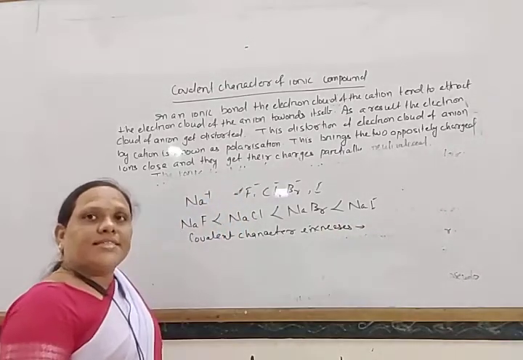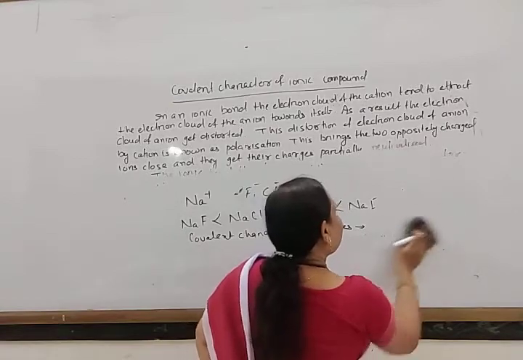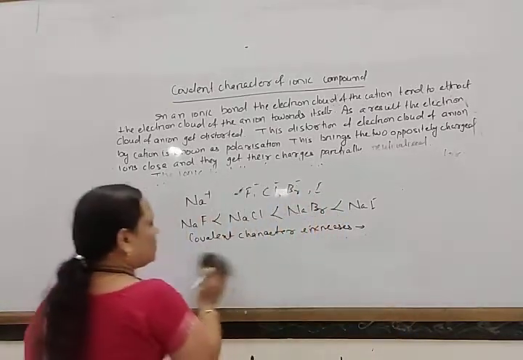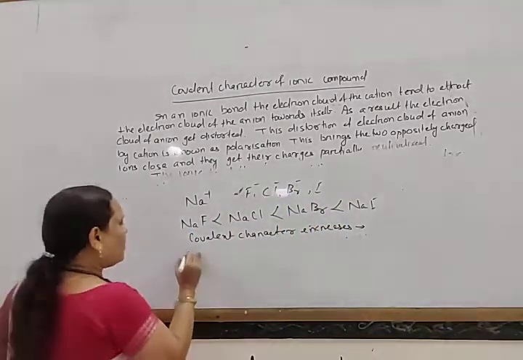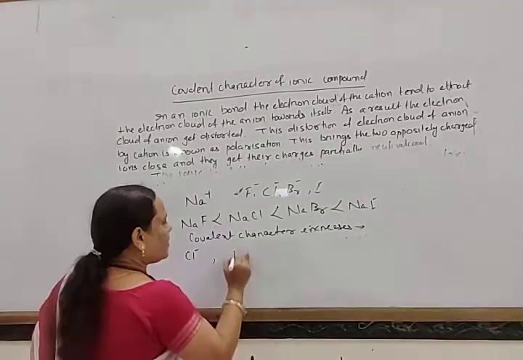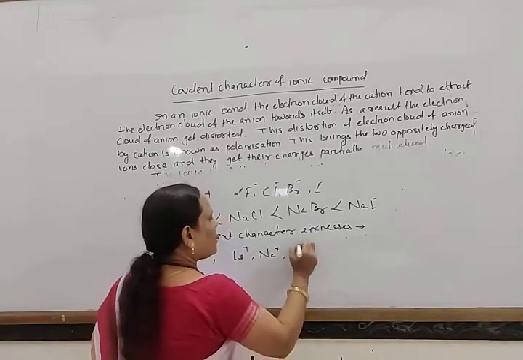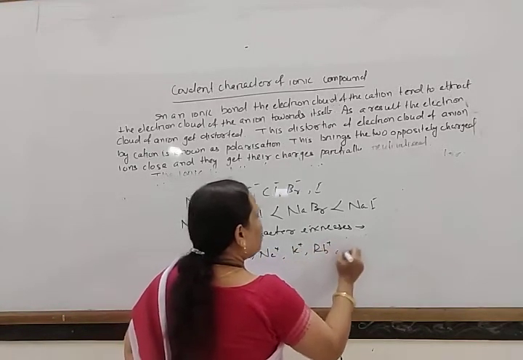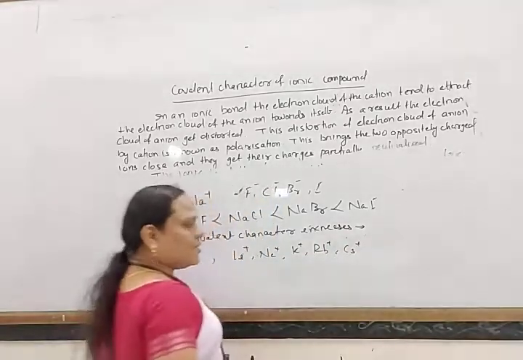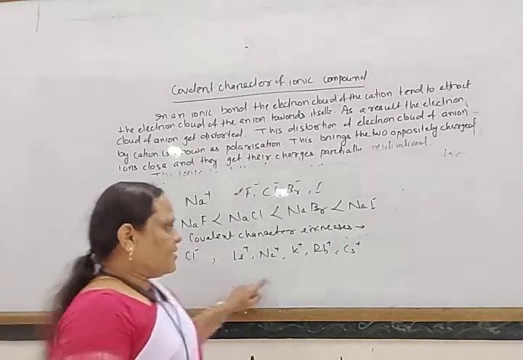Similarly, if we consider the same halogen, Cl-, and different cations like Li+, Na+, K+, Rb+ and Cs+, then their covalent character decreases.